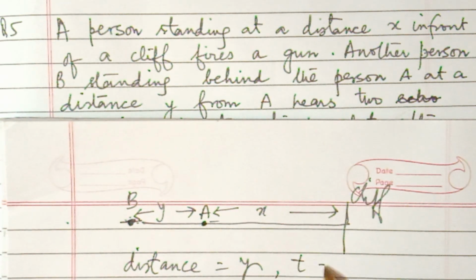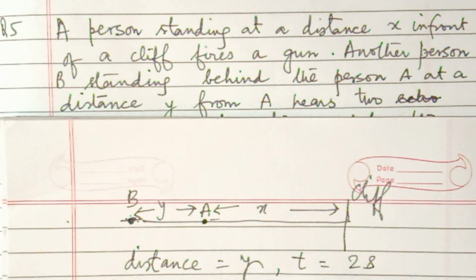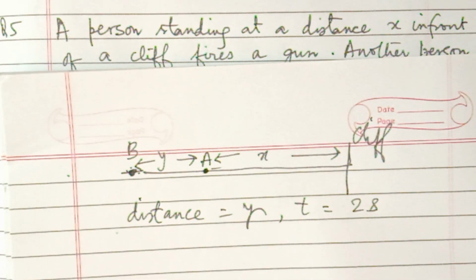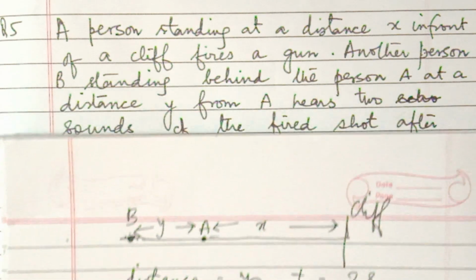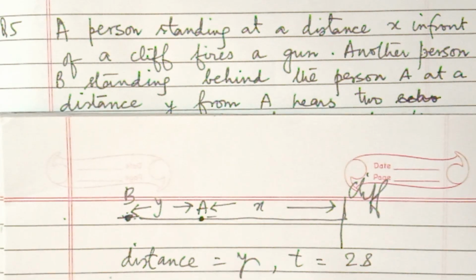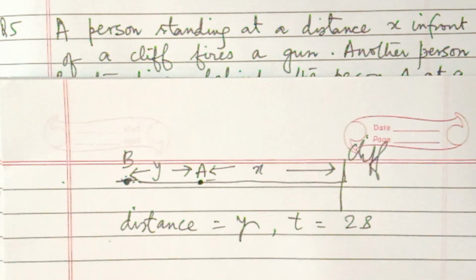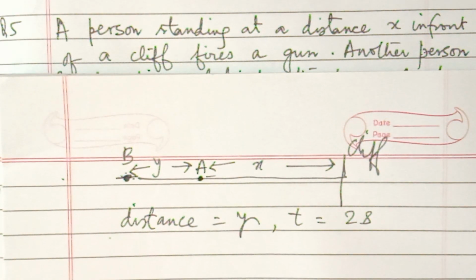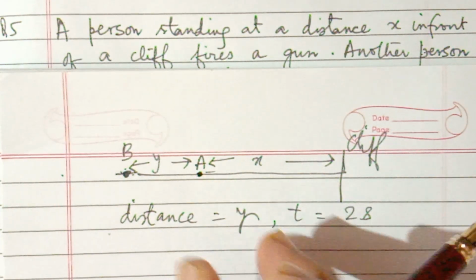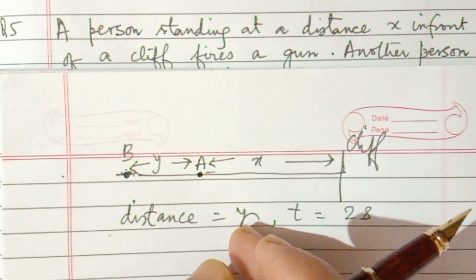What is the time? 2 seconds. Time is 2 seconds, as the question says. So the first sound is heard after 2 seconds. So which sound is heard first? The first sound is heard directly from the gun. So we have distance y, not 2y.